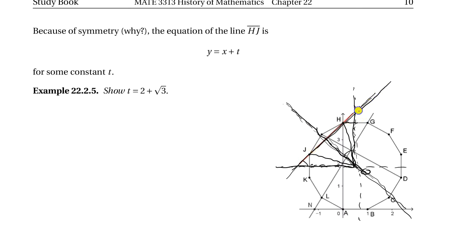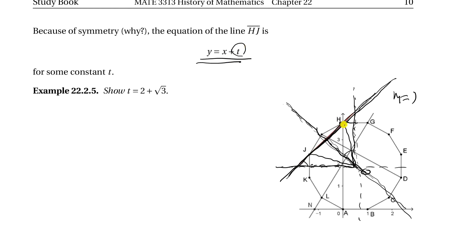Let's do this one. The slope of this line is simply n equals 1, right? Slope is 1. So all we need is the y-intercept of this line. We know the line equation must be y equals x plus some constant t, which is the y-intercept of that.